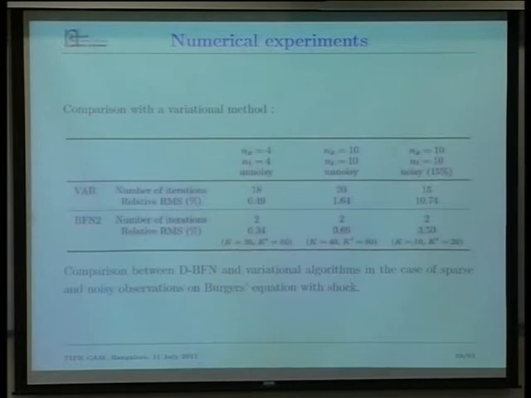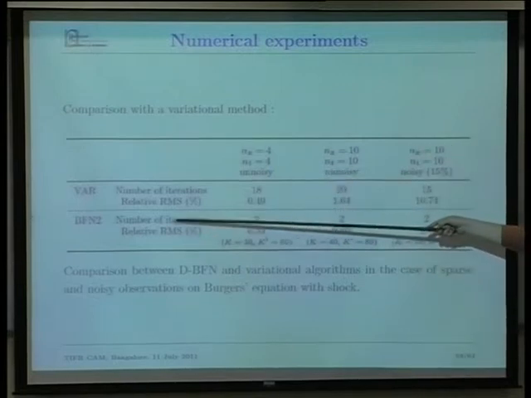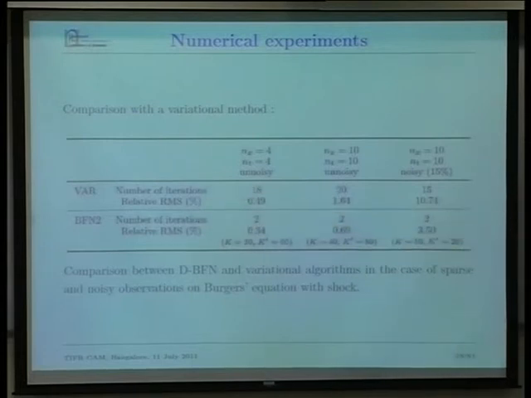And so it's still the PhD students that compared this new diffusive BFN algorithm with, it's not a 4D-Var because it's a 1D problem, so let's say a 2D-Var, 1 plus 1. And so you have different, so here are the observations, one every 4 or 10 grid points, and one every 4 or 10 time steps, with or without noise.